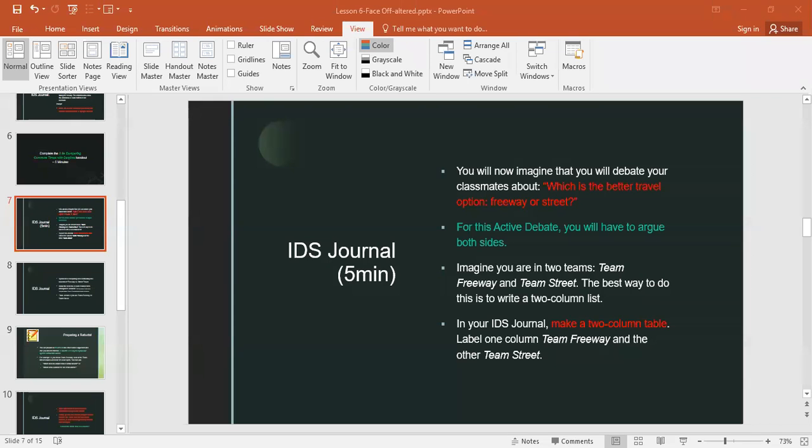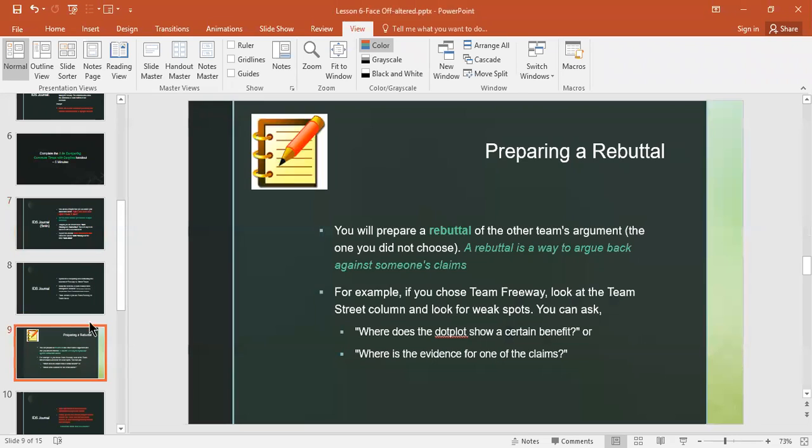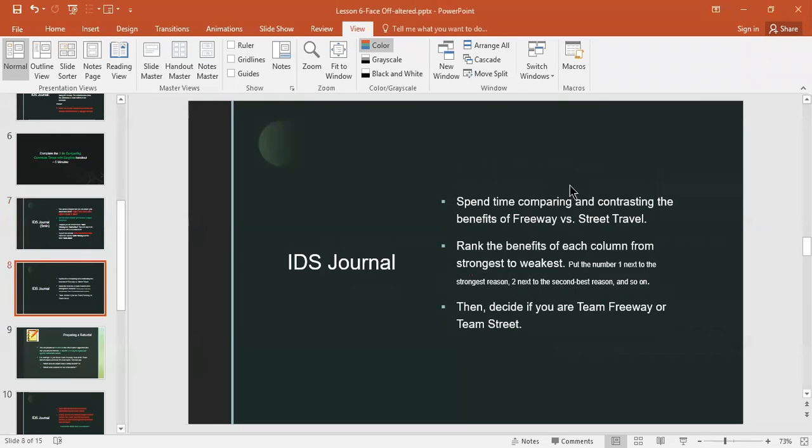All right, ladies and gentlemen. So hopefully you were able to get some benefits down for each of the columns, both for team freeway and team street, and where you were able to decide what team you are going to be a part of.